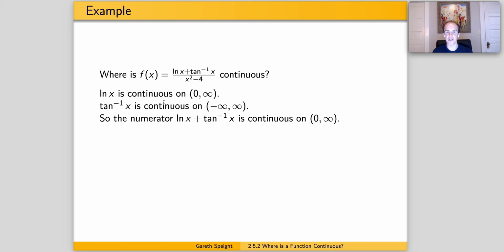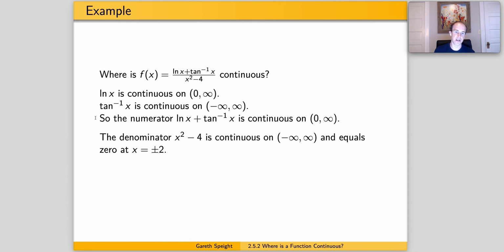So I need to restrict to both (0, infinity) and (minus infinity, infinity). Okay, if I have to be in both of those, I get the second one for free, but I need to make sure I'm in the first one, so I need to be inside (0, infinity). So both of those functions are continuous on (0, infinity), so I can then use the sum rule. I can sum two continuous functions, so the numerator is going to be continuous on (0, infinity).